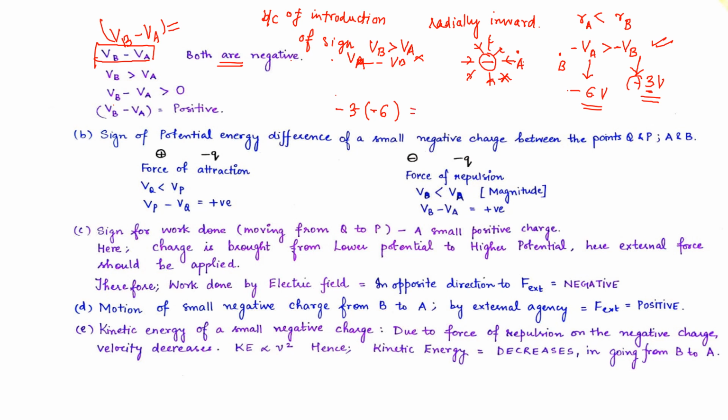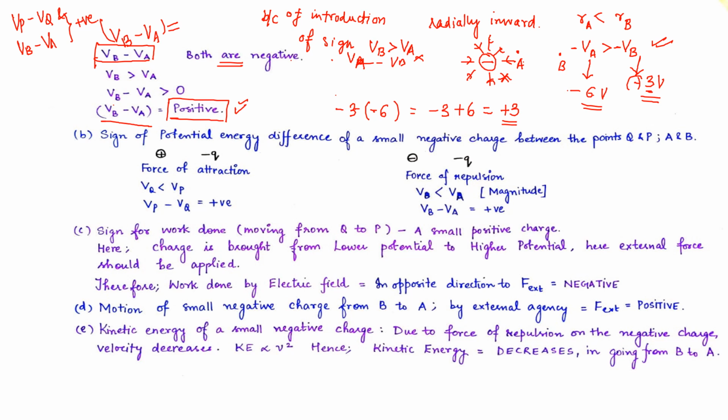So this will come minus 3 plus 6, and we will get an answer as plus 3. So when the potential at B minus the potential at A is found out, the value is greater than 0. Hence the value is positive in nature. So we conclude that Vp minus Vq and Vb minus Va are positive. The difference is positive, the sign is positive.